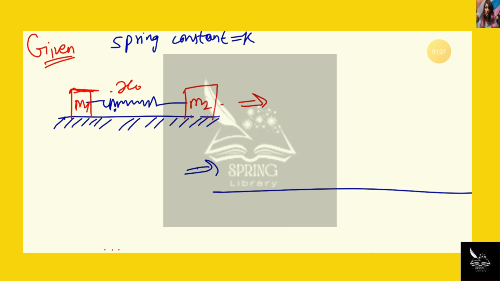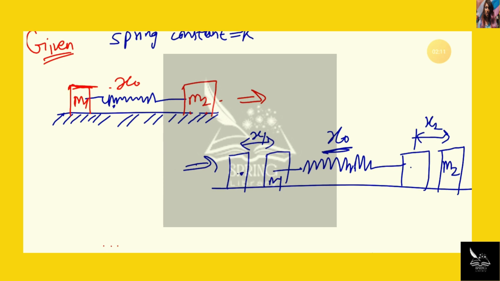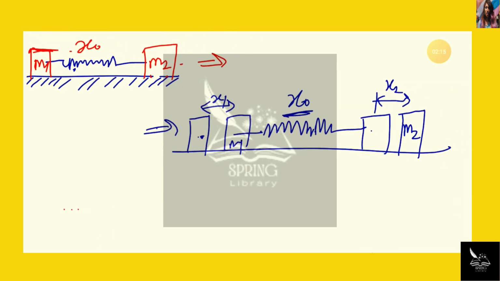That means the first block, which is initially present here, will move x1 towards right, and the second block, which initially is present here, after releasing moves towards left a distance x2, and the spring has a stretching value x0. After moving their distances respectively, they come to rest again.